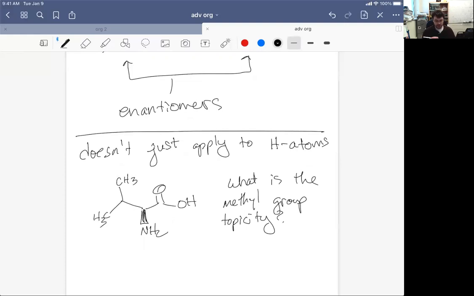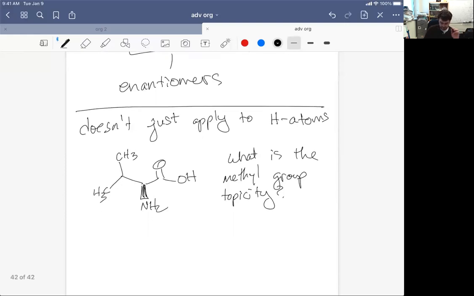There's a few ways you could do this. You could take one of the methyl groups and convert it into a CD3 group, or you could convert it into a C13 group. Whatever you want to do, you just have to make it different from the other one and then do the same substitution at the opposite position.